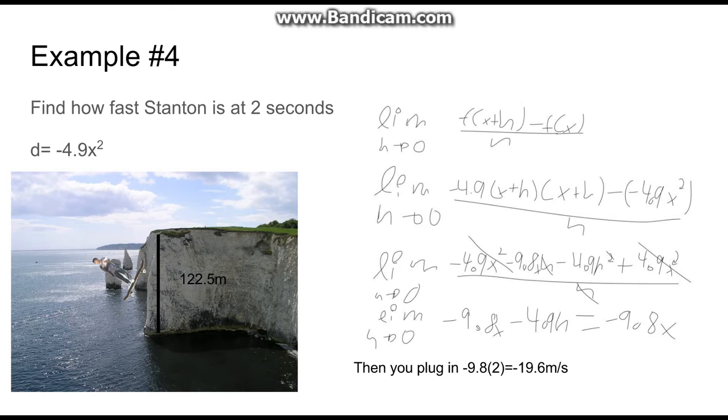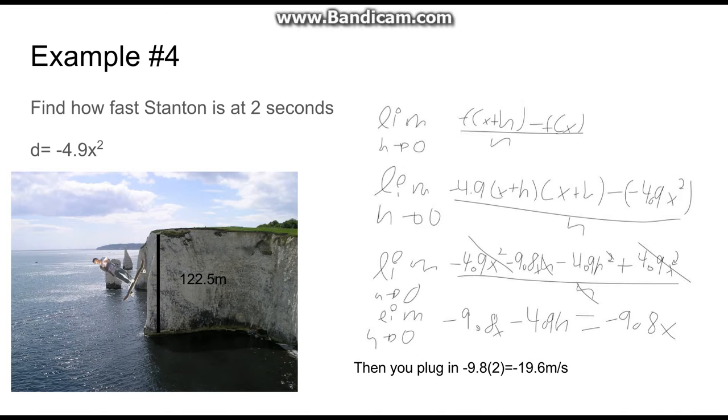So here is what you do. You get your original equation, f of x plus h minus f of x. Then you plug x plus h into the original equation, and then you get negative 4.9 times x plus h times x plus h, and then you subtract f of x, which is negative 4.9x squared.